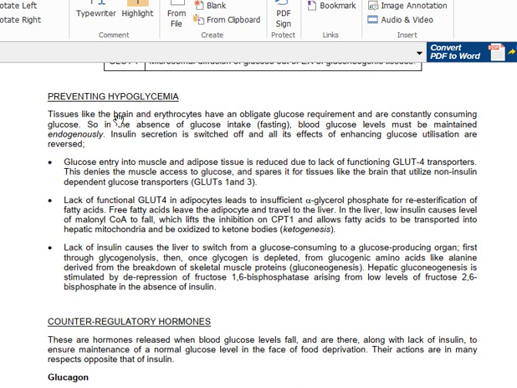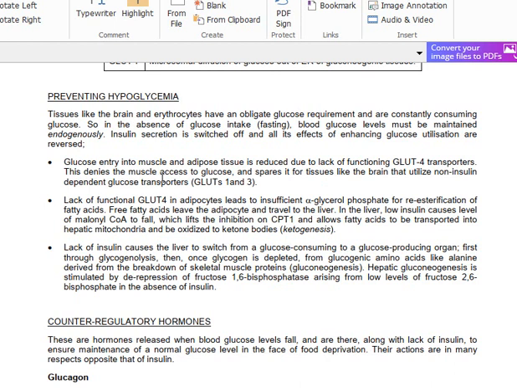The first step is that the function of glucose transporter 4 is going to reduce, such that the muscle and adipocyte are going to receive less glucose. Is it clear? So this denies the muscle access to glucose and spares the other tissues that have non-insulin dependent glucose transporters.